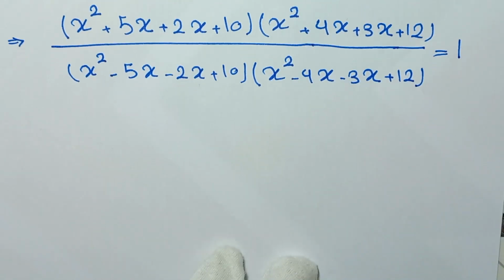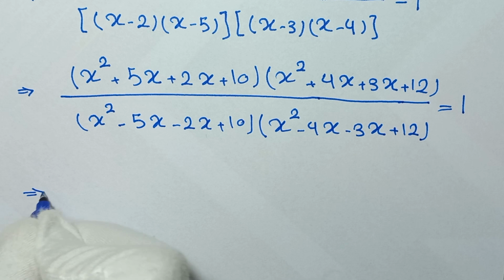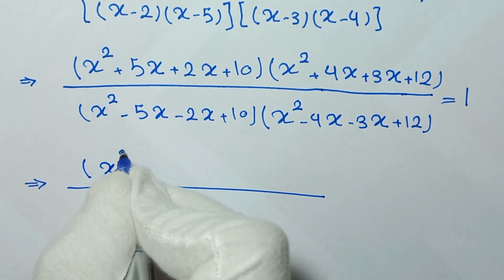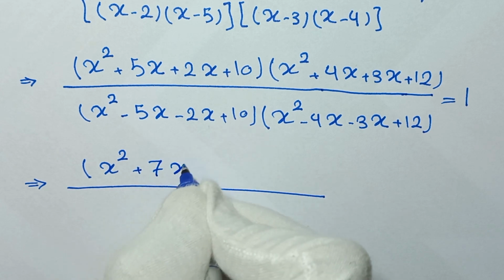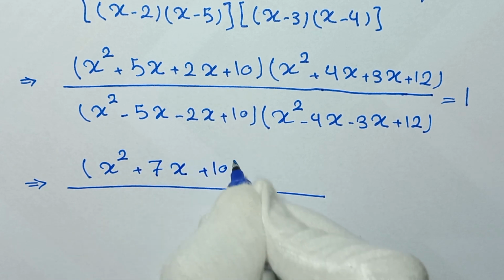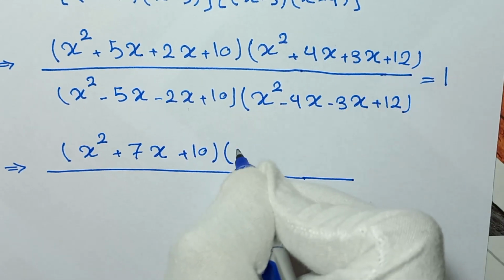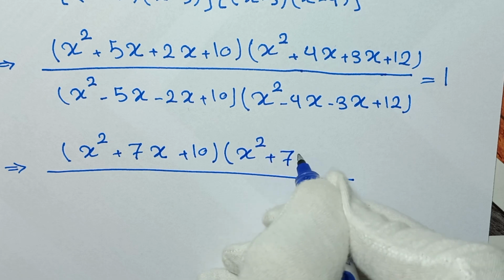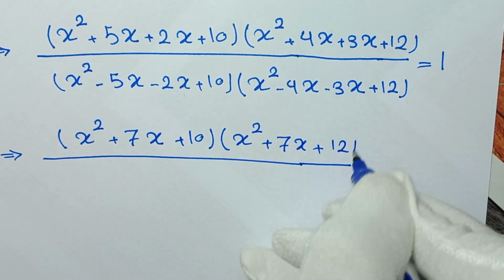So in here it will be x squared, 5x plus 2x is 7x, and plus 10. And in here, we can write x squared, 4x plus 3x is 7x, and plus 12.